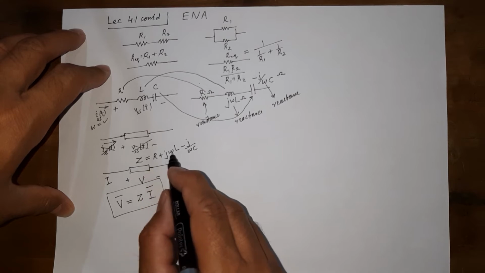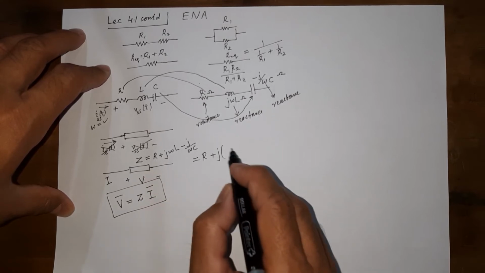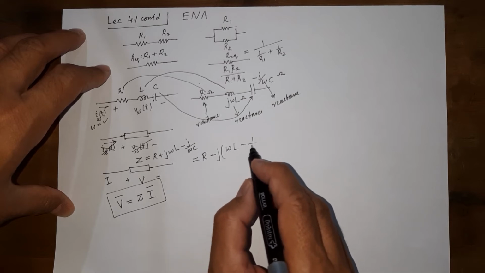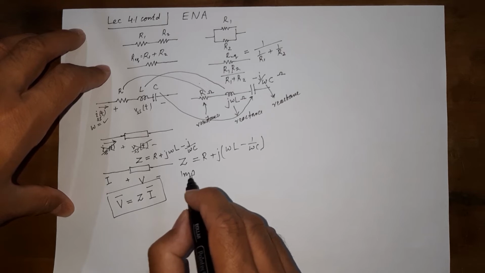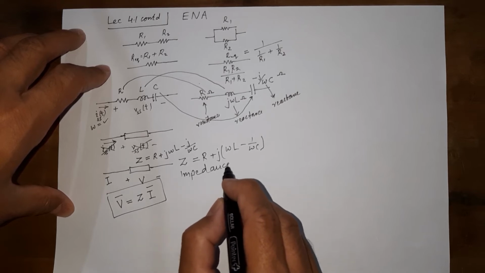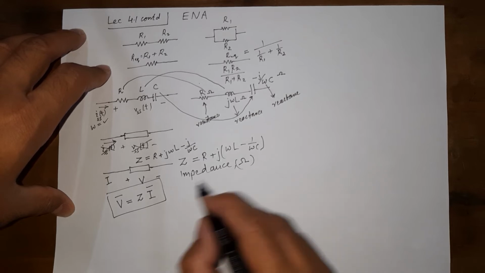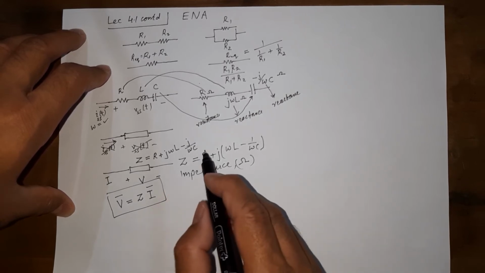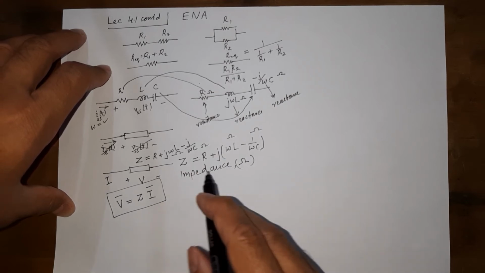This remains as is. These two can be added together to get R plus jωL minus 1 over ωC. This thing is known as impedance. And guess what will be the unit of impedance? Right, impedance would have the unit ohm as well. Why? Because this is an ohm, this is an ohm, this is an ohm, this must be an ohm.